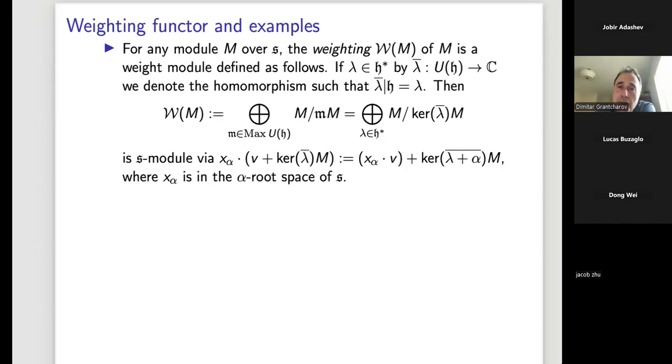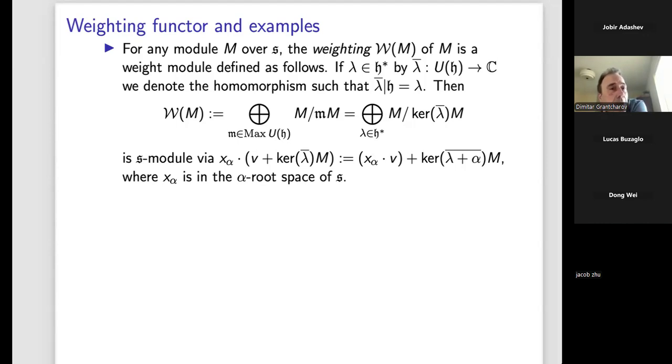So a few remarks here on the relation between weight modules and, say, free modules. There is a connection that initially can give you a lot of hopes that understanding weight modules will lead to understanding free modules. By free, I mean UH free.